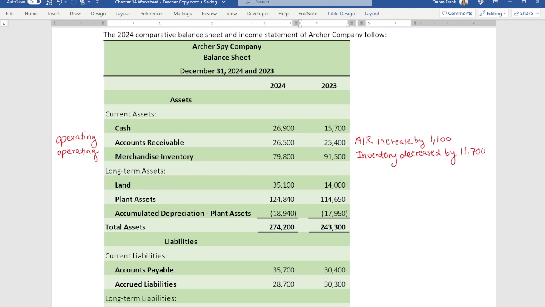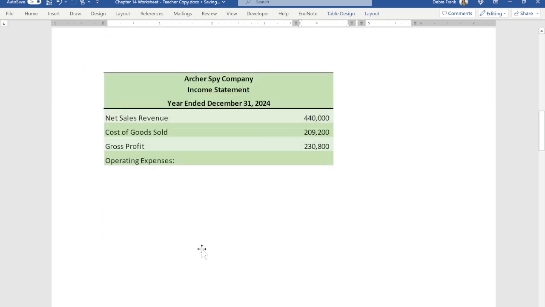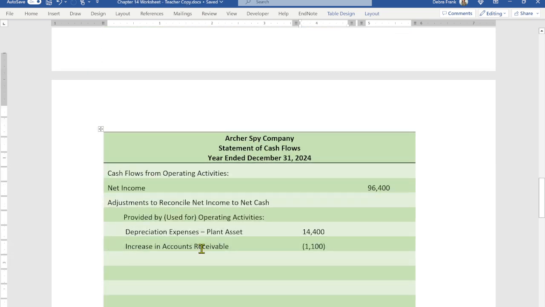So it decreased. So another way of doing that is we could have said, okay, well, inventory went down, so we know we would have a credit for inventory. So if we did my little cheat of journal entry analysis, we could see that for the asset of inventory to go down, it would be a credit. Oh, okay, so I will say cash went up. All right, so let's go ahead and record that one here as well.